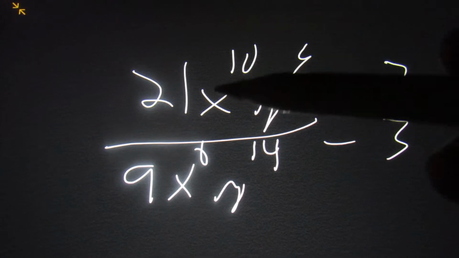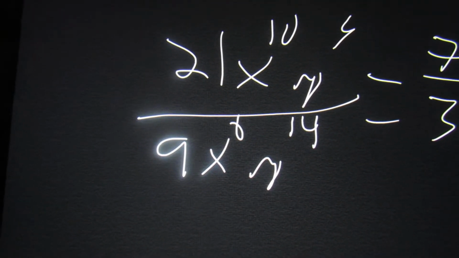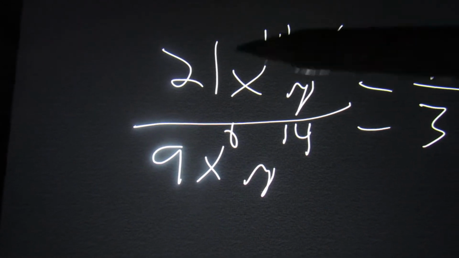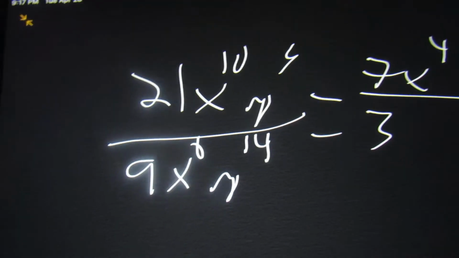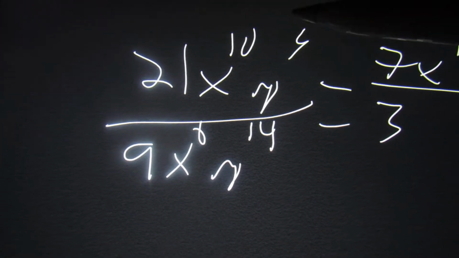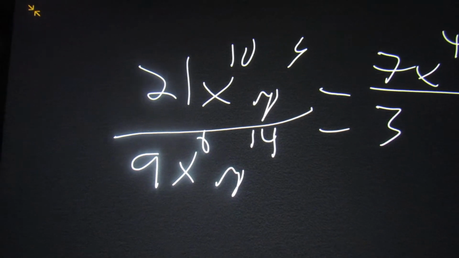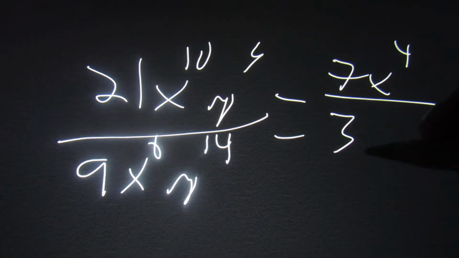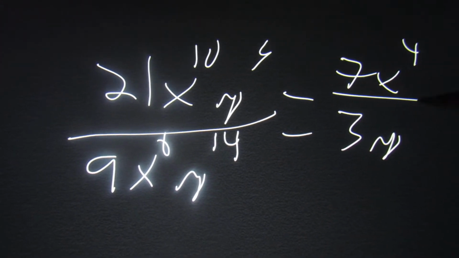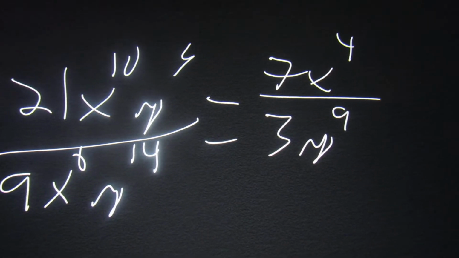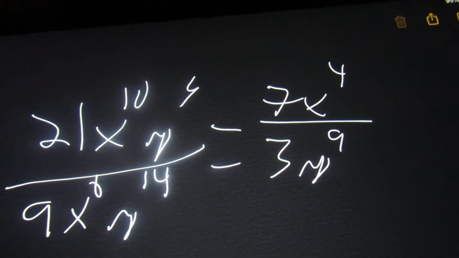And here we have x to the 10 on top, x to the 6 on bottom. So that means our x's are going to stay on top, and it's going to be x to the 10 minus 6, or x to the 4. And on y's, we have y to the 5 on top, y to the 14 on bottom. Since the 14 is bigger, our y's are going to be on the bottom, and it's 14 minus 5, which is 9. So 7x to the 4 over 3y to the 9.